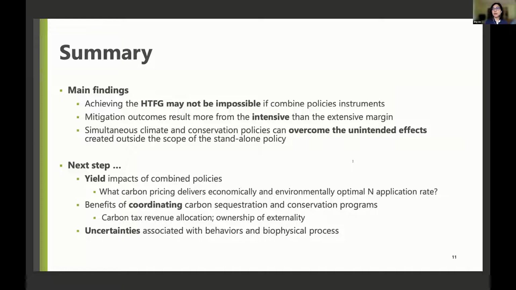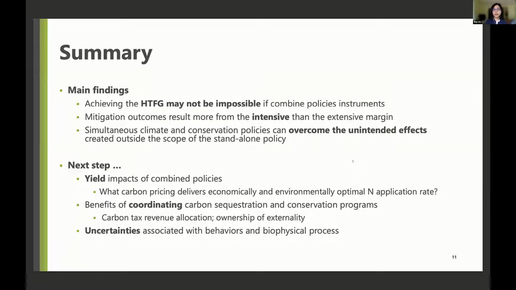And also some farmers can take double credit from both, because they reduce the carbon, but they still get paid from the conservation program. So that may have some efficiency design issues for different programs.